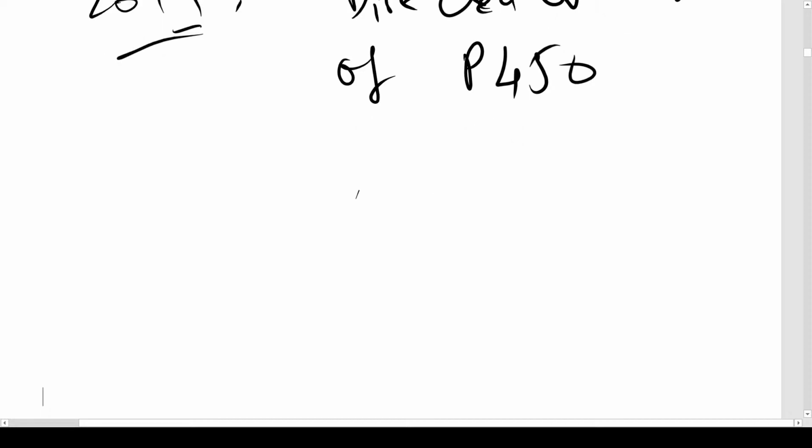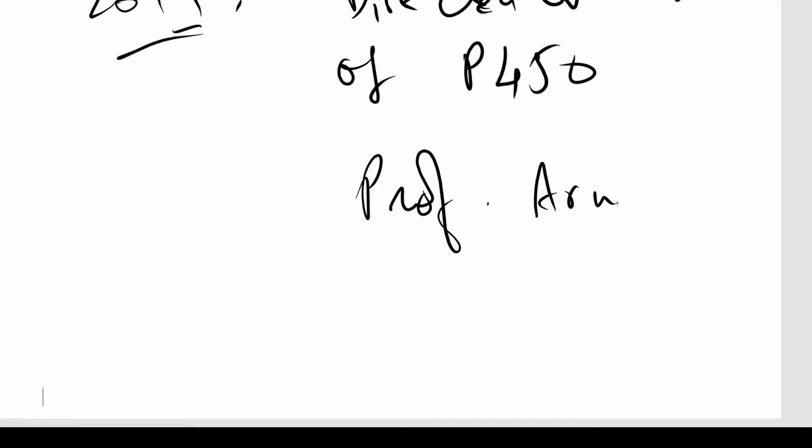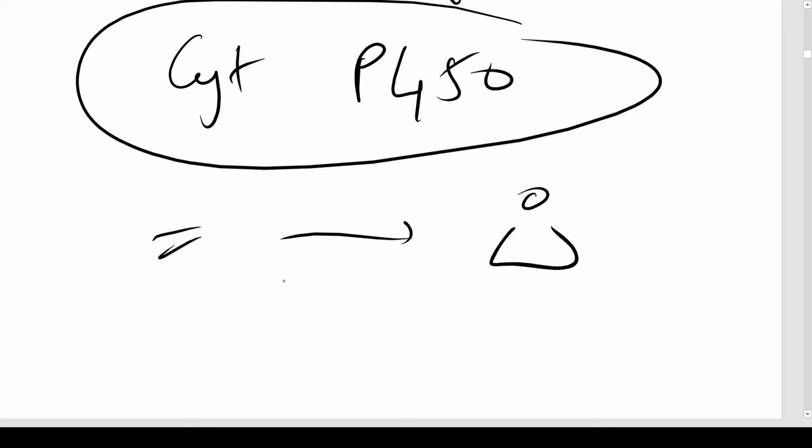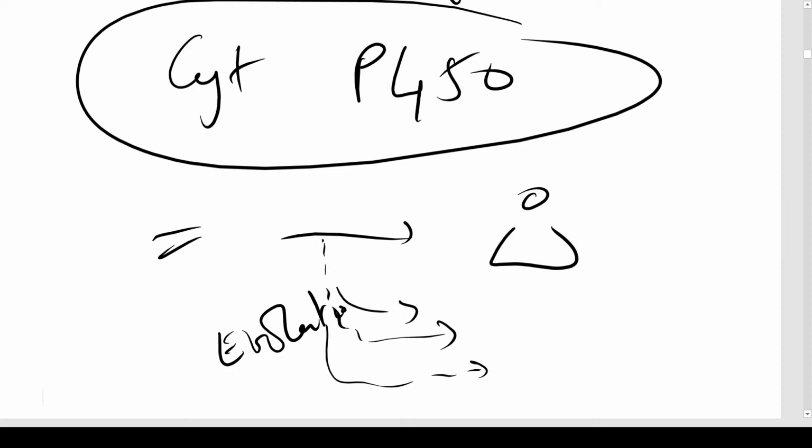Professor Frances Arnold. She got the Nobel by tuning not only for the epoxidation, but by using the cytochrome P450, so the double bond, but she tuned it to many other reactions, by evolution.